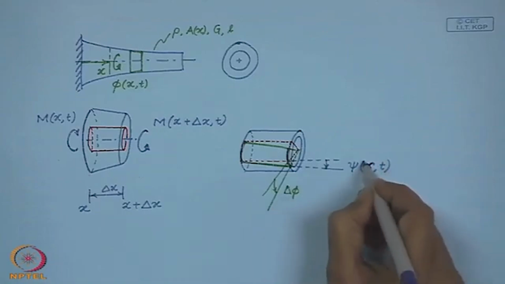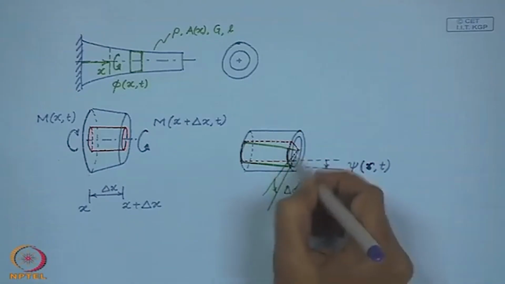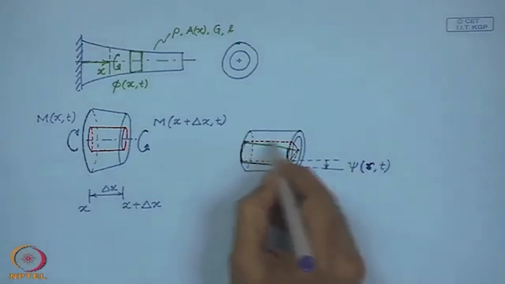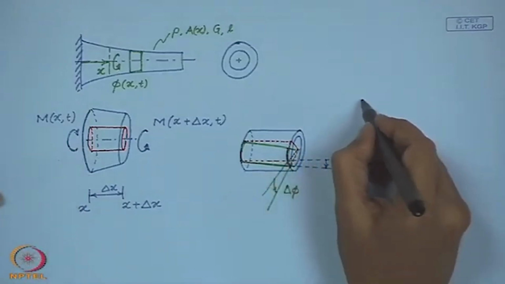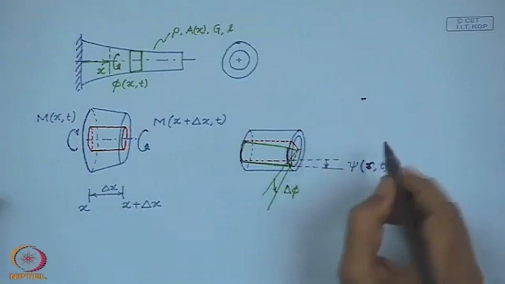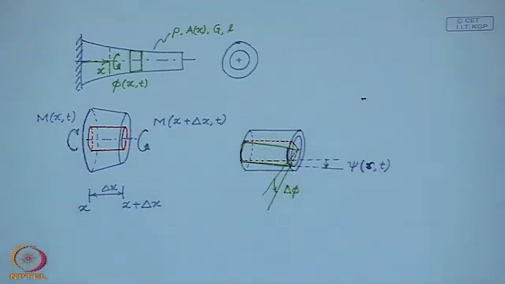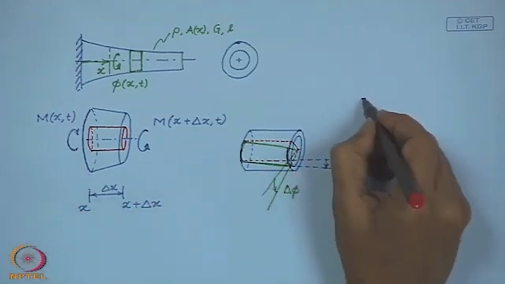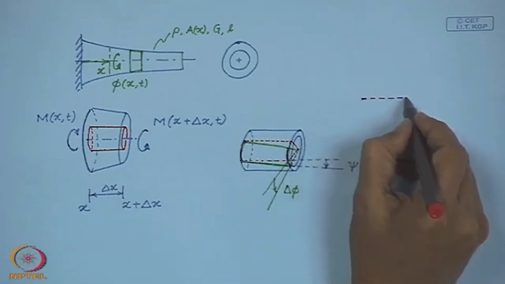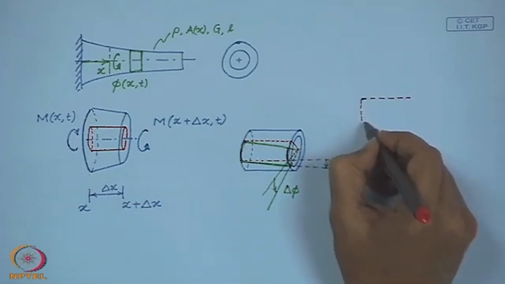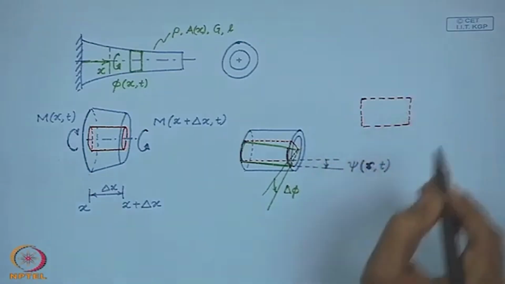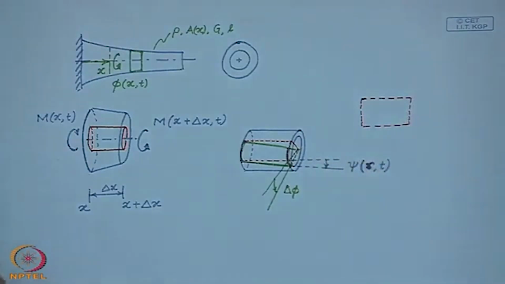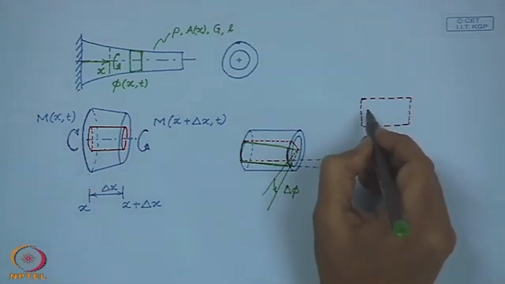Now, this shear strain is a function of the radial position of this element. So, if I draw these two elements once again, this was the red element before the deformation.